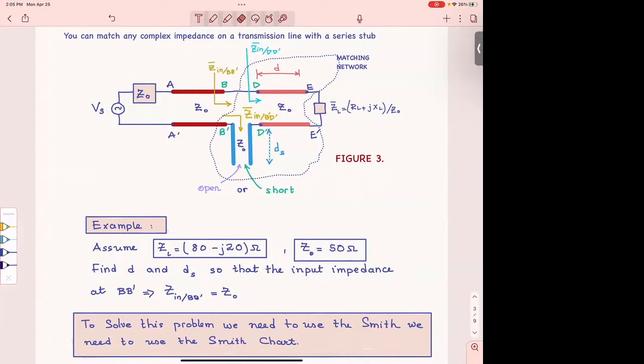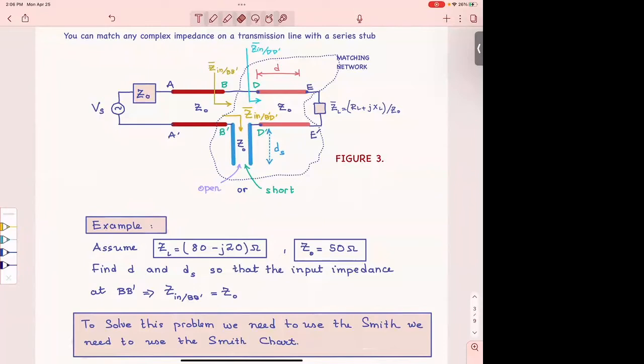We will have to find where the normalized load is on the Smith chart. We will have to go along a section of this line until we find a place where we are gonna place the stub. That is gonna give us that length, d.